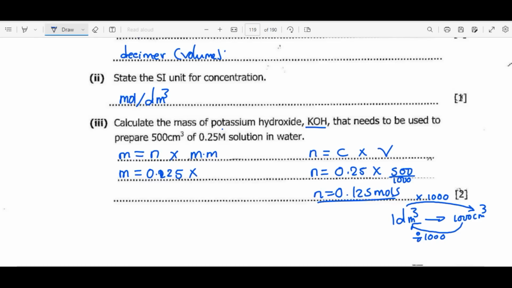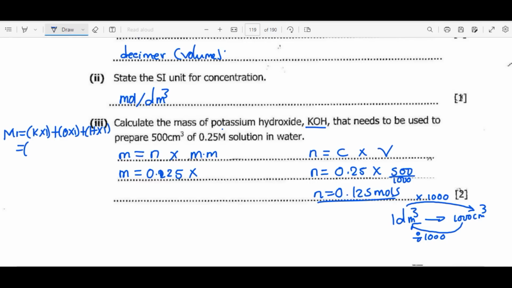So the molar mass is Mr is equal to potassium times 1, we only have 1 atom, plus oxygen multiplied by 1, plus hydrogen multiplied by 1 as well. Then the mass number for potassium should be 39.